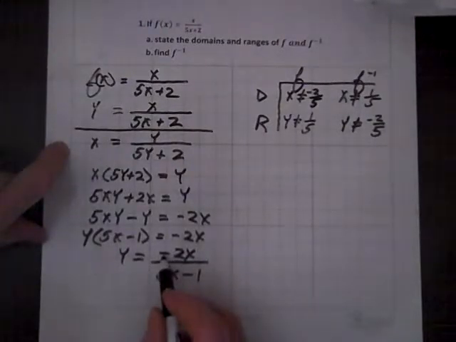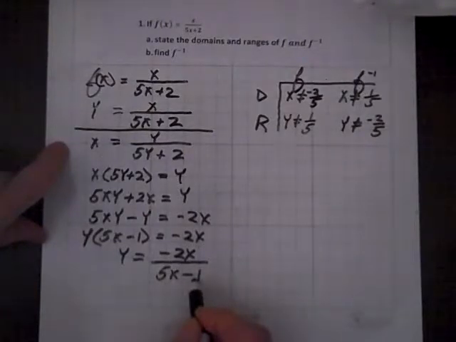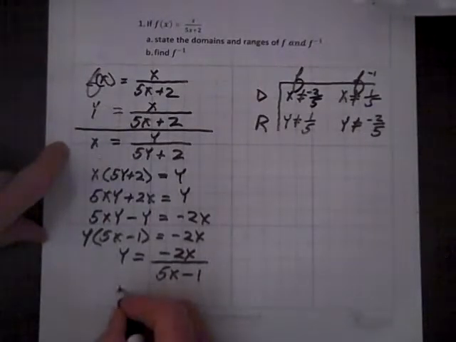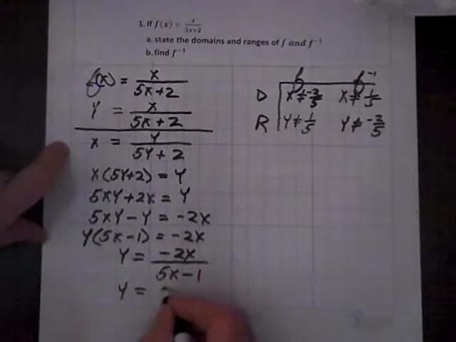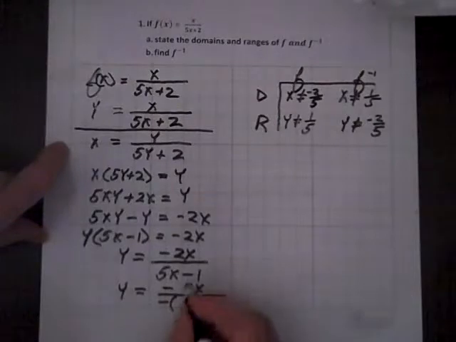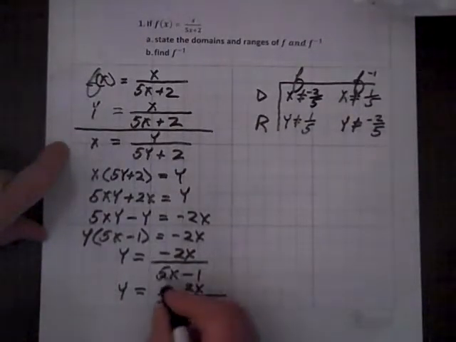Now, we want to get rid of that negative sign, and we can do that if we just factor a negative out of each of the terms in the denominator. So y equals negative 2x over negative, and when we factor out a negative, we change the sign on each term, so that'll be a plus 1.